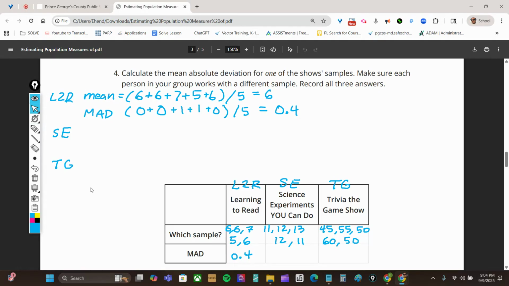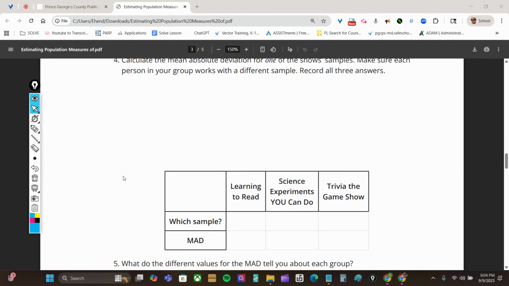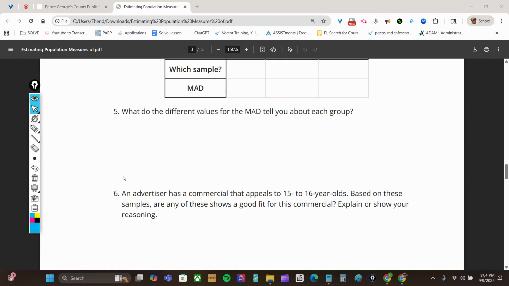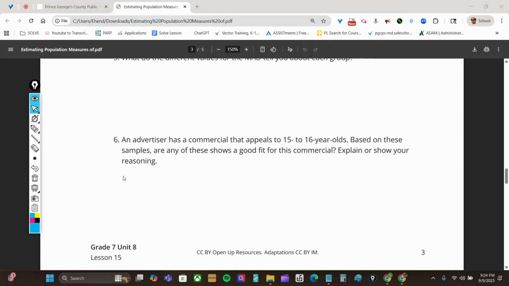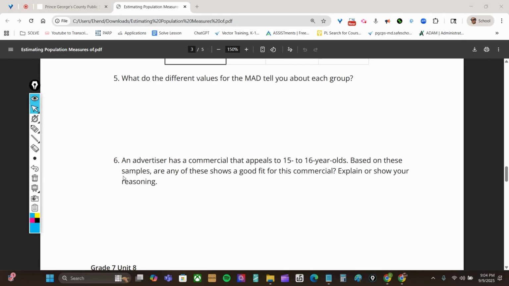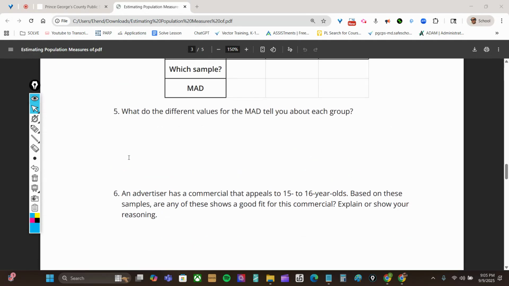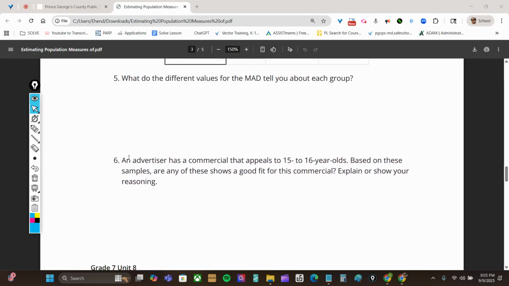All right, so we will discuss your findings in class, and in the meantime, we will move on to the next data. We'll do the different values for the MAD, tell you about each group. We'll talk about it. Okay, an advertiser has a commercial that appeals to 15 to 16-year-olds.